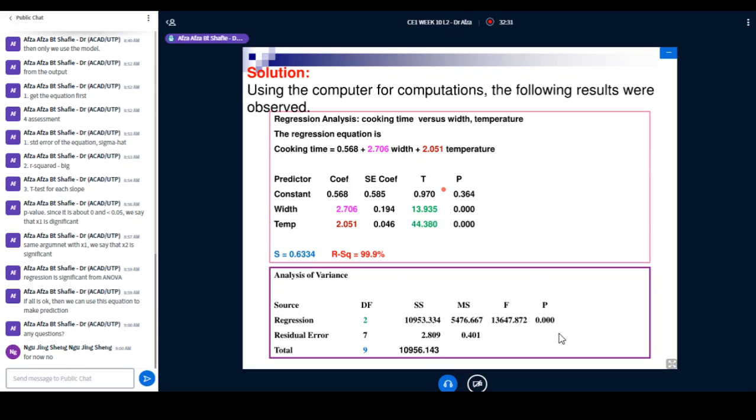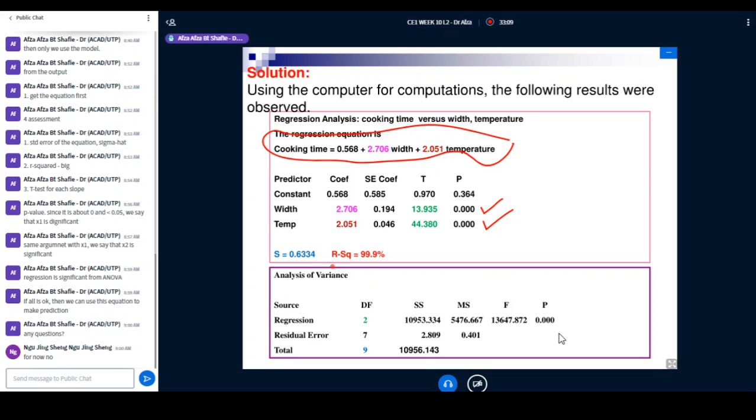If you look at this, the p-value here is 0.00 and this one is also 0.00. So this gives us something that is significant. Because it is significant, we say that the width and the temperature are important in this particular equation. Then we can consider this equation in total.